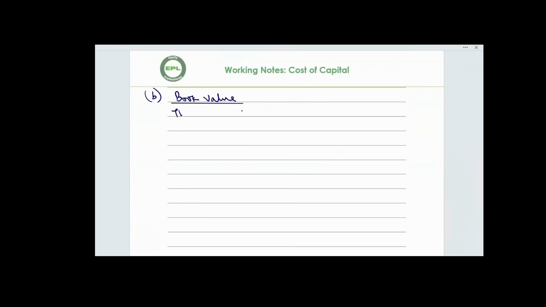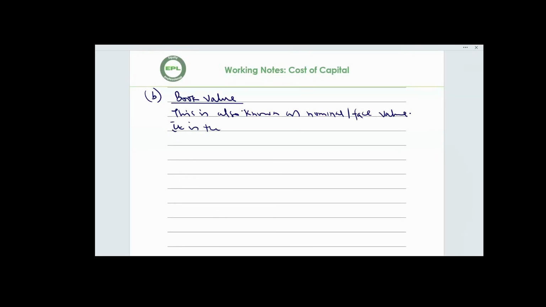This is also known as nominal or face value.